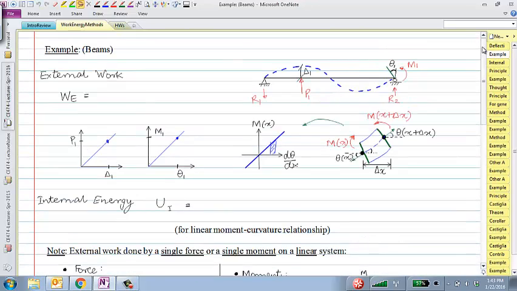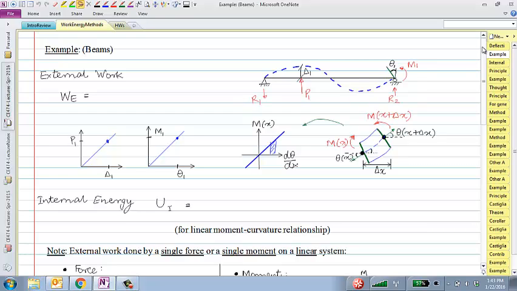Here's another example of a structure, which is actually very similar to the structure I have here. It's a simply supported beam with a load in the middle and a moment. Let me see if I can get it to bend the right way. So something like this. Right? So what we are doing here is we have this beam, this structure.